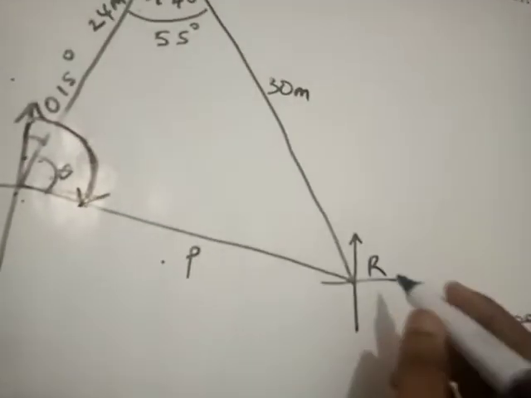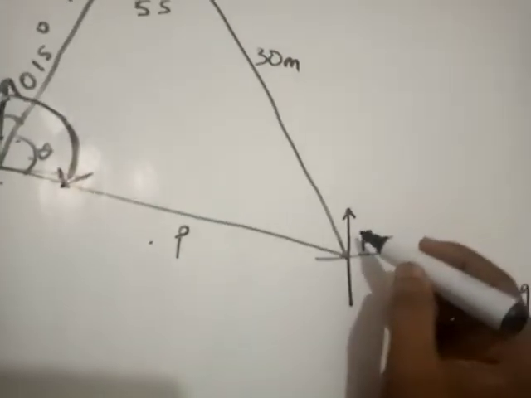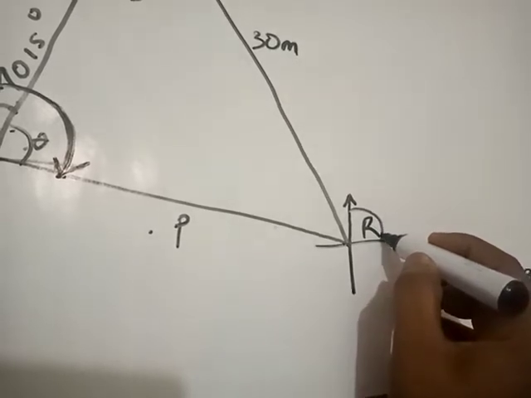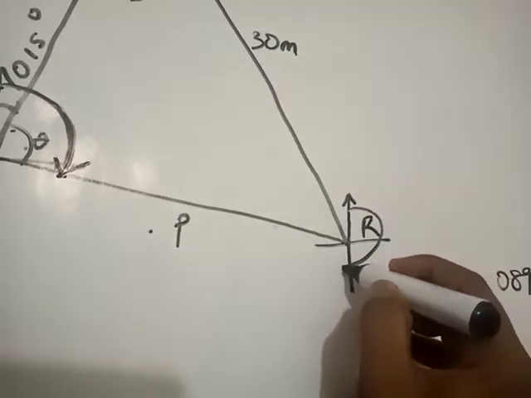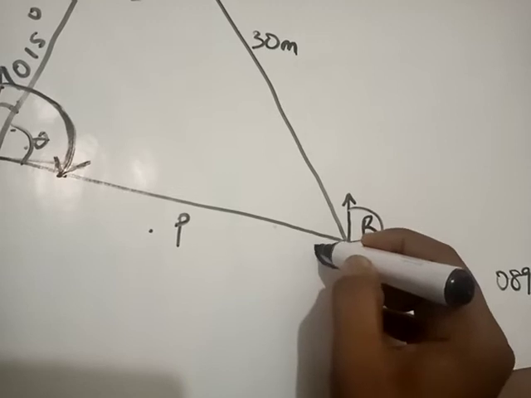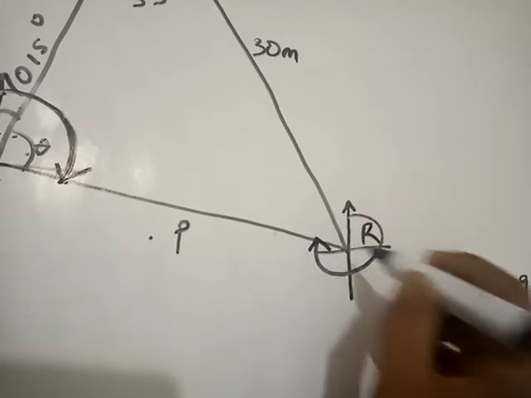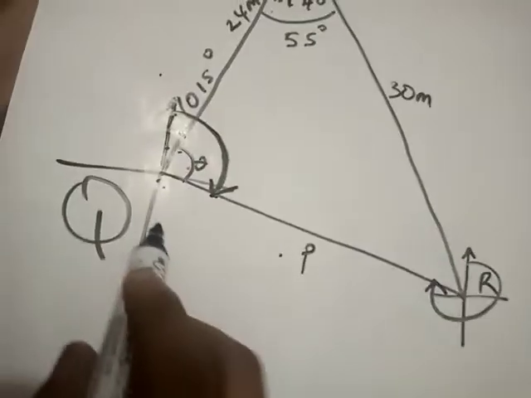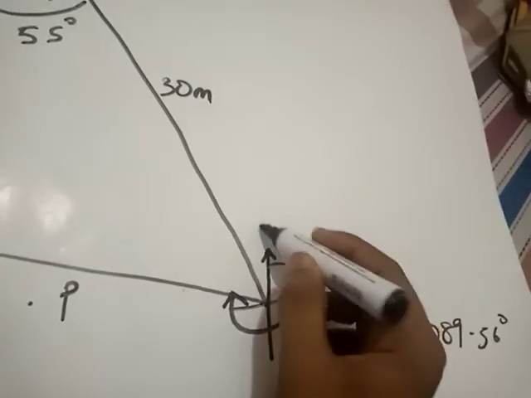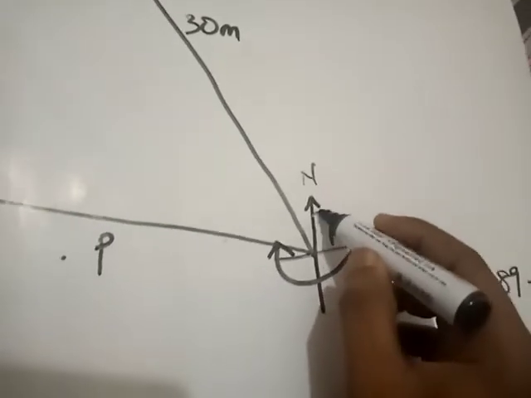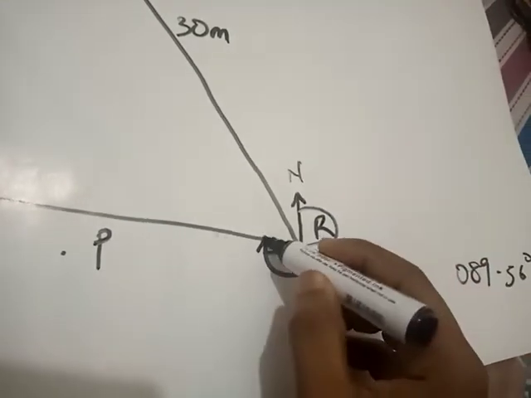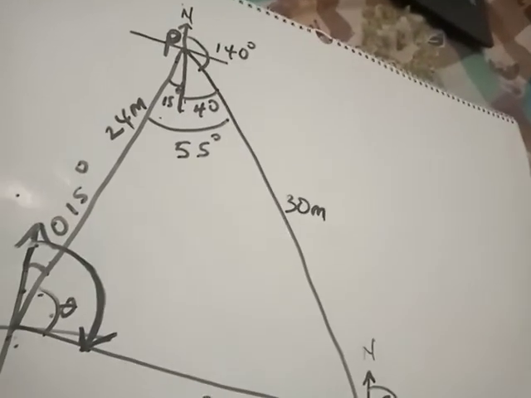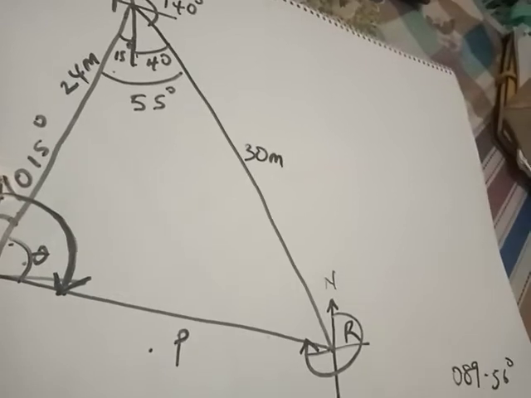The last one says that we should find the bearing of Q from R. Starting from R, from the north axis of R, we'll draw an angle clockwise to meet this line connecting Q and R. How do we get this angle?